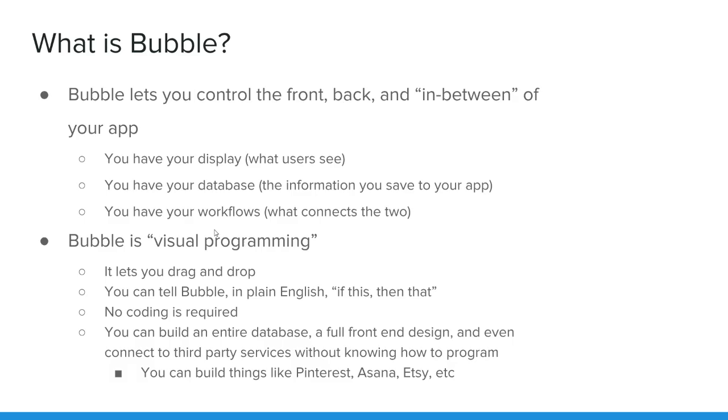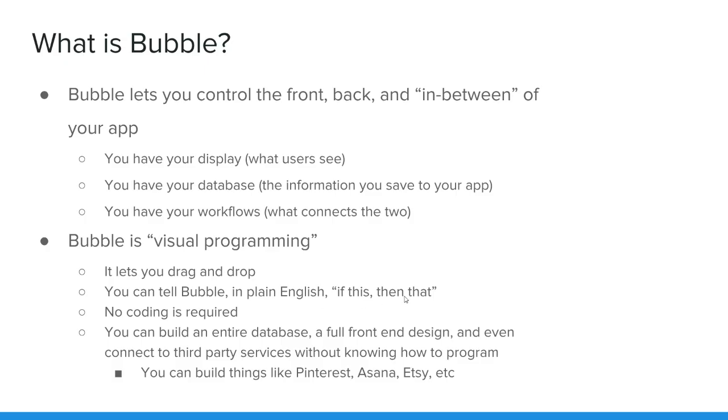Okay, so again, Bubble is visual programming. It lets you drag and drop all of your design elements. You don't have to code or program anything about the way your pages look in your application. As far as the workflows go, in other words, what happens in your app, everything is in plain English. It's in an if this, then that type of logic.